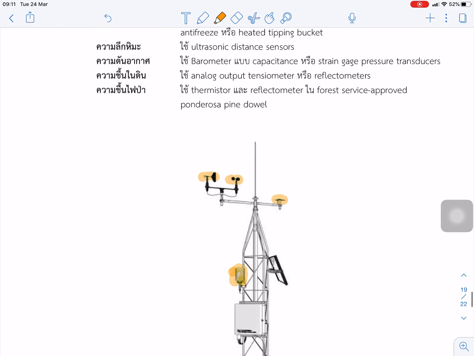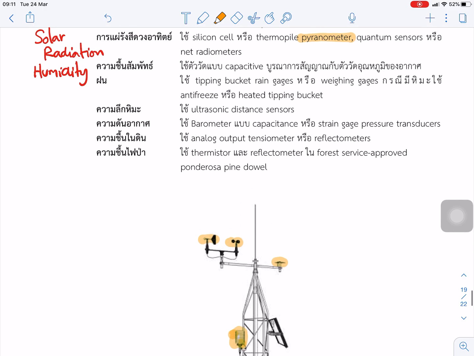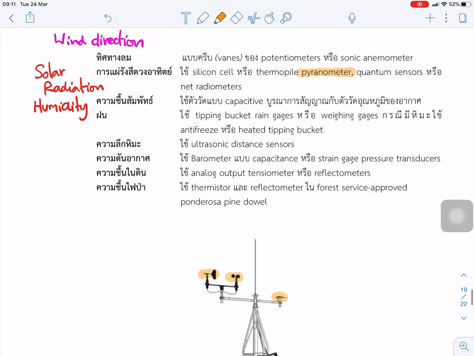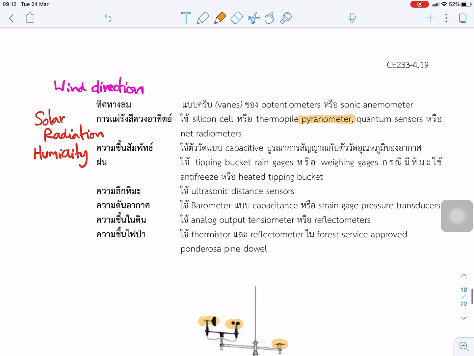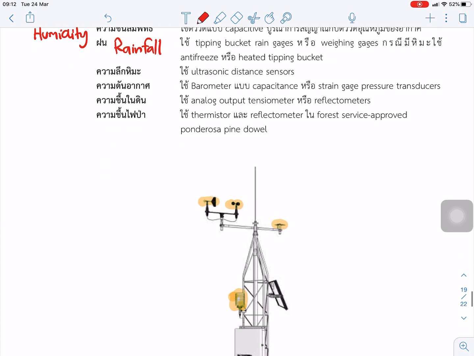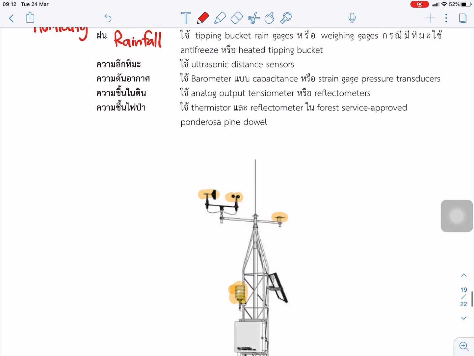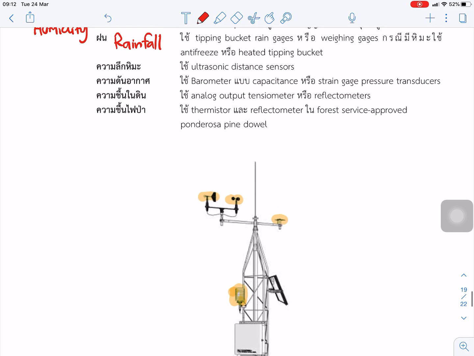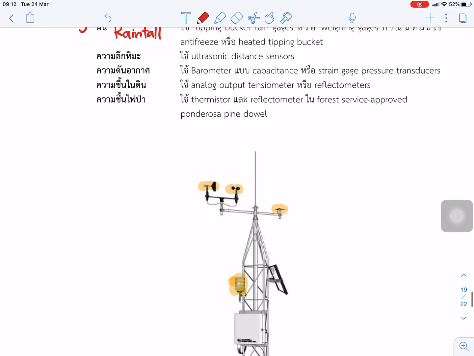Okay, this part is the base, and the other thing is for the rain. I think there is no instrument for the rain on this weather station.